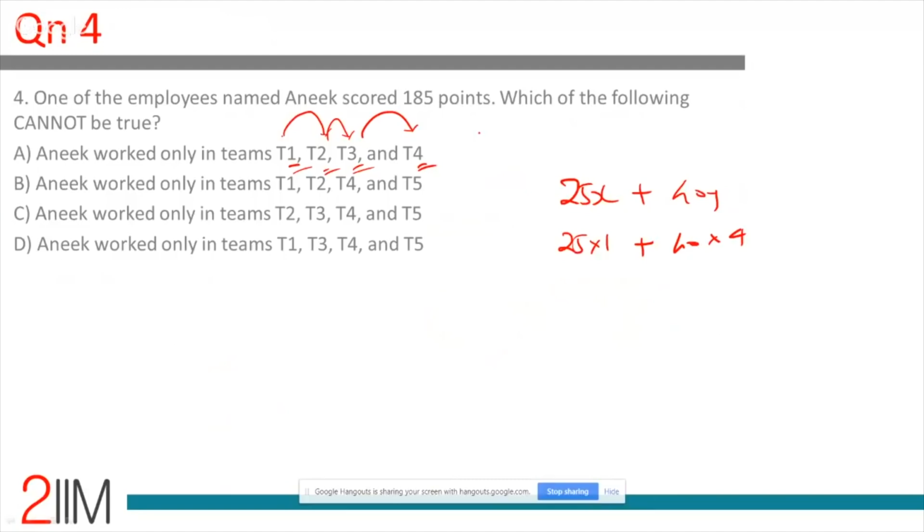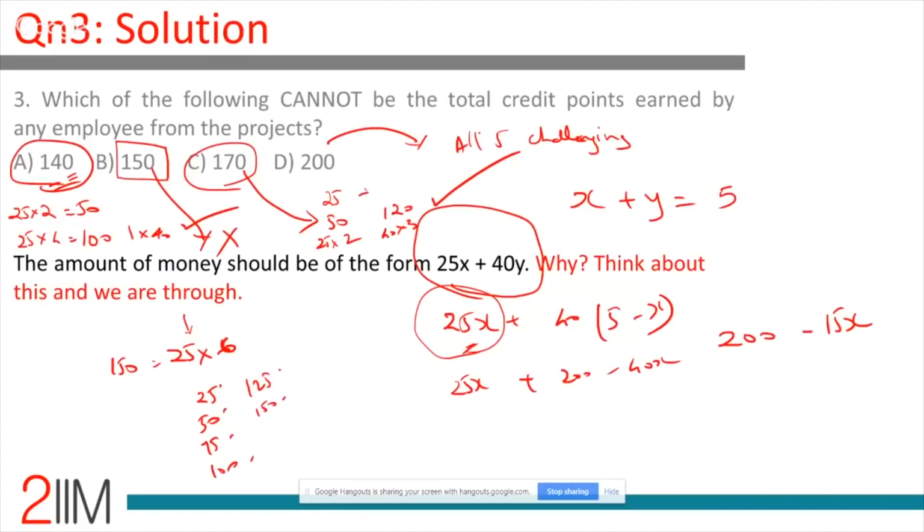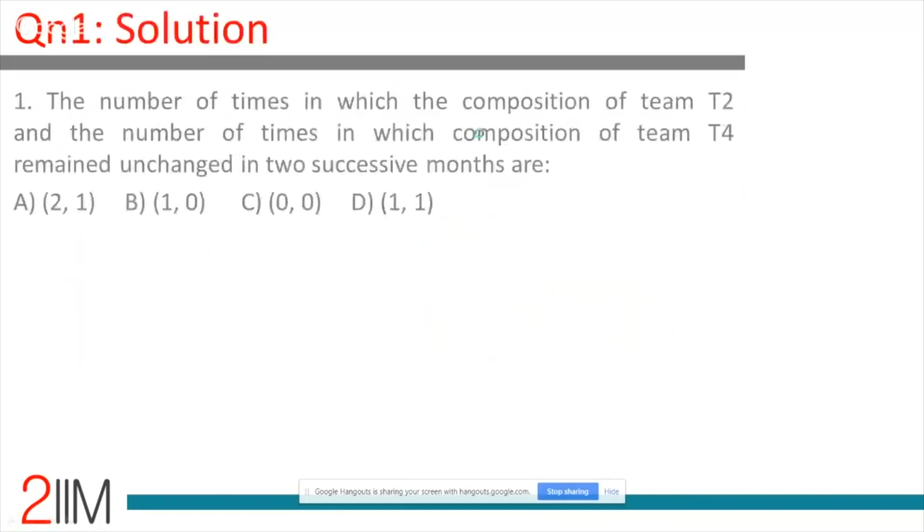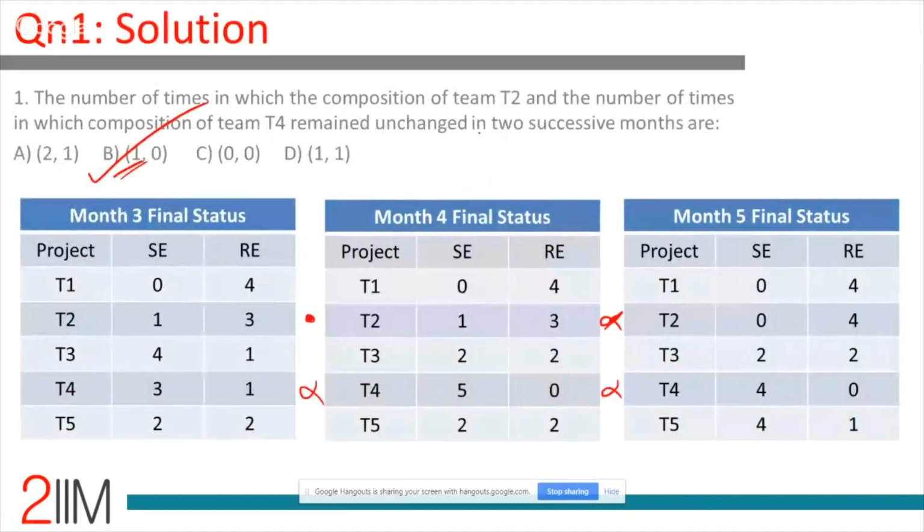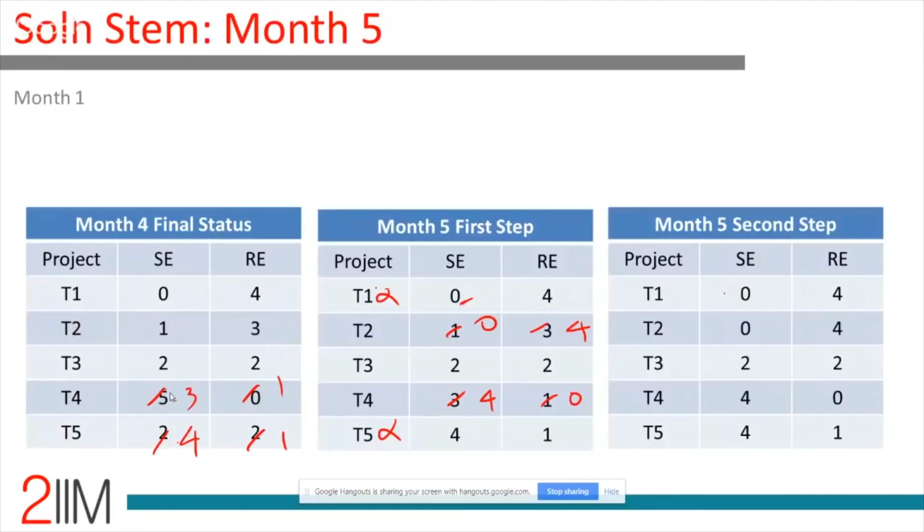Let's just check that out. T4 to T5, last month, month 4, T4 to T5. Yes. From here to here, the 3 special employees. Go back even one more step further.